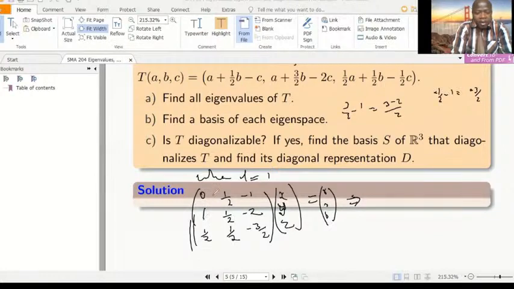So we can interchange the first two rows to have 1, a half, negative 2, then 0, a half, negative 1, and this one remains as a half, negative 3 out of 2, 0, 0, 0, and this one remains where it is.